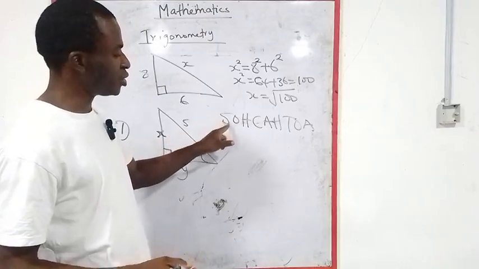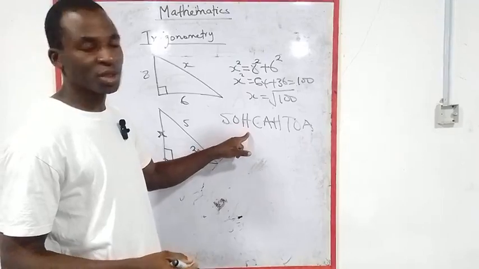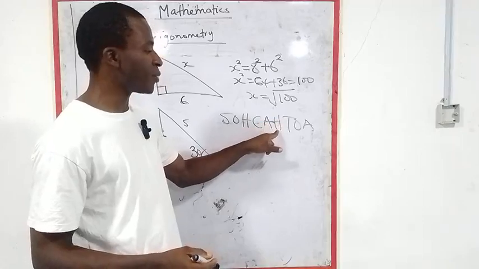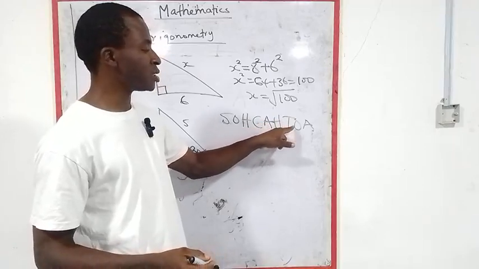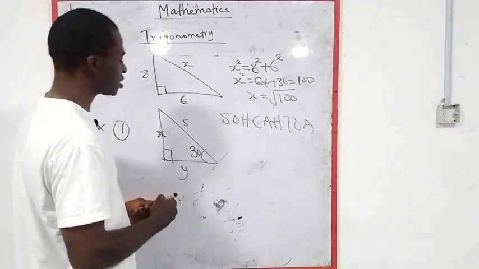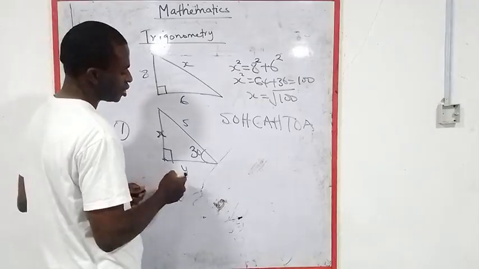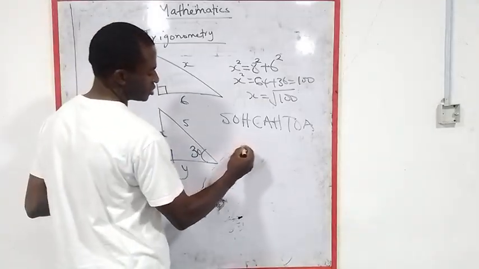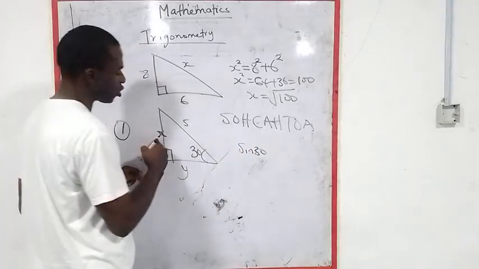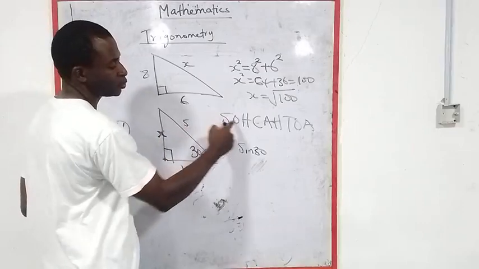When it is sine, it is opposite over hypotenuse. When it is cos, it is adjacent over hypotenuse. When it is tan, it is opposite over adjacent. So if I'm going to look for x, which is the opposite, I use sine, opposite over hypotenuse.